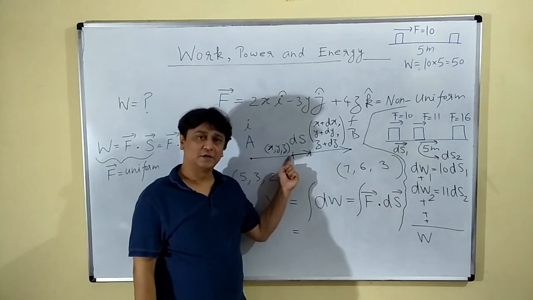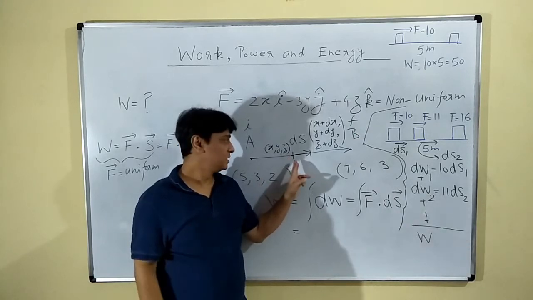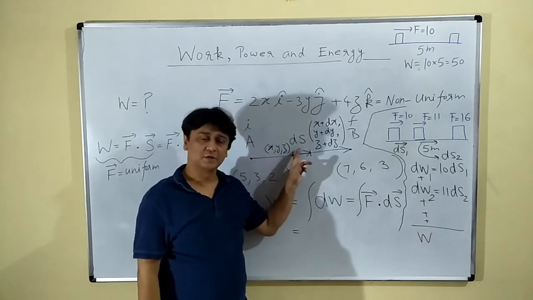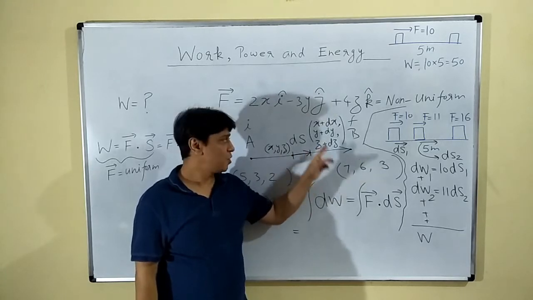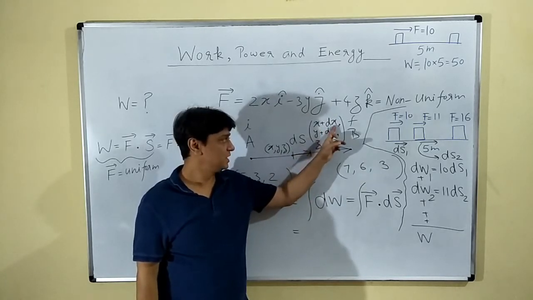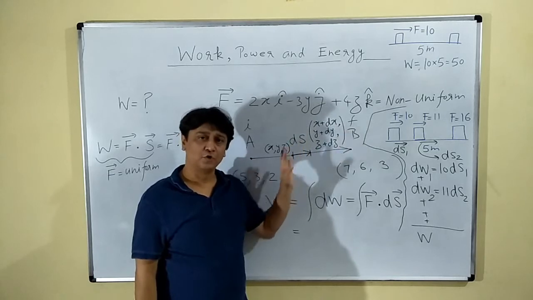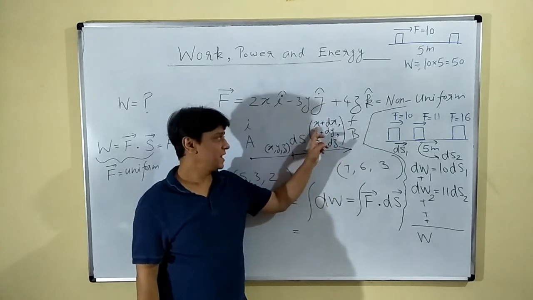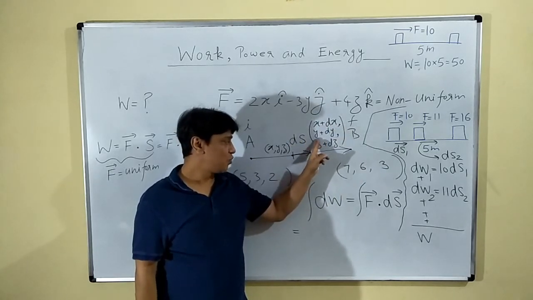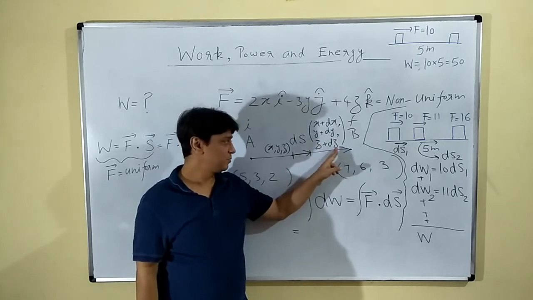The coordinates of this place are x, y, z. How much did it move? ds. In ds, what amount of x changes? dx. Therefore the new x coordinate becomes x plus dx. Same is with y, same is with z: z plus dz.